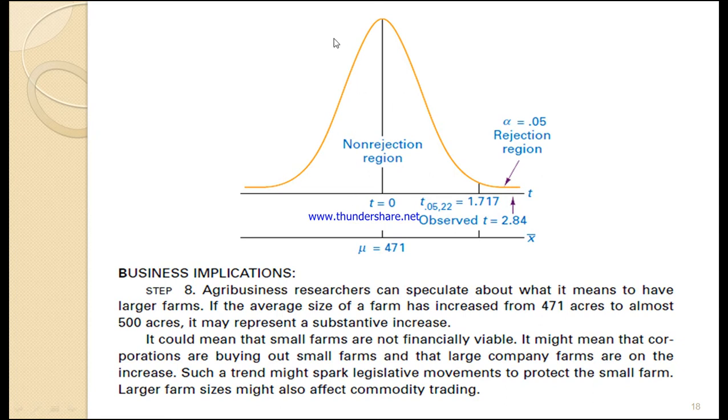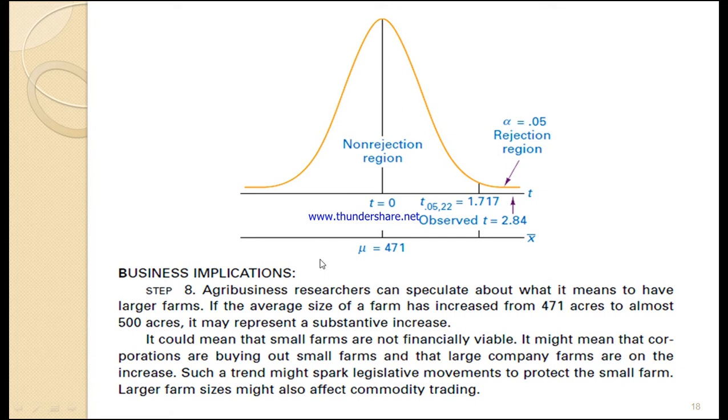This is how we can show the rejection region and the non-rejection region. In our case, the observed t-value is 2.84, which is in the rejection region because it is greater than 1.717. Therefore, we need to reject the null hypothesis.